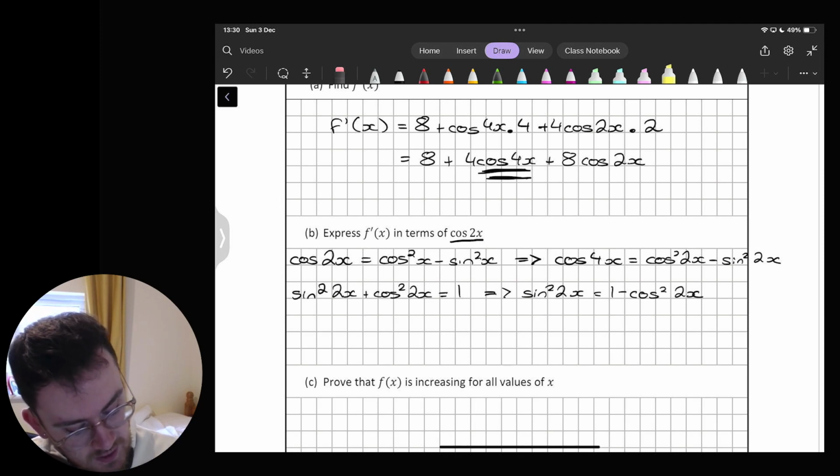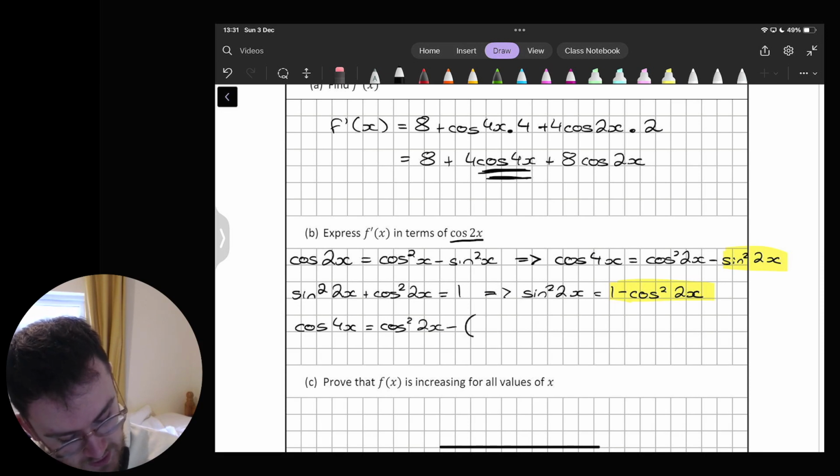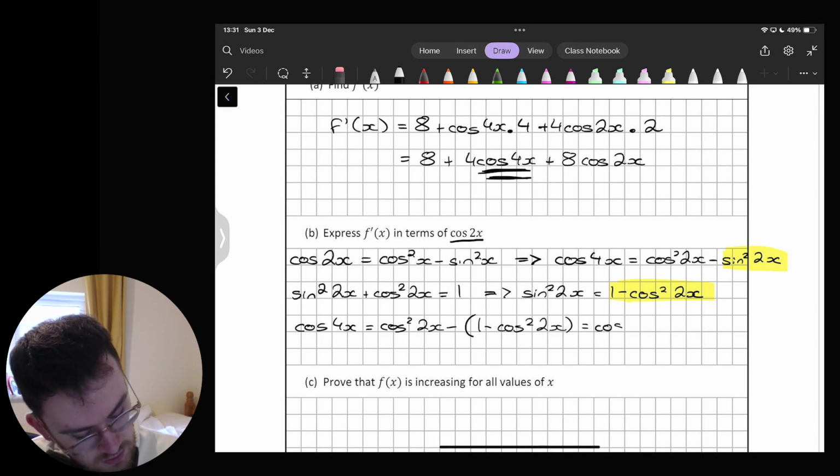So combining those together, cos 4x can be rewritten as cos squared 2x minus (1 minus cos squared 2x), which gives me cos squared 2x minus 1 plus cos squared 2x, which is of course 2 cos squared 2x minus 1.